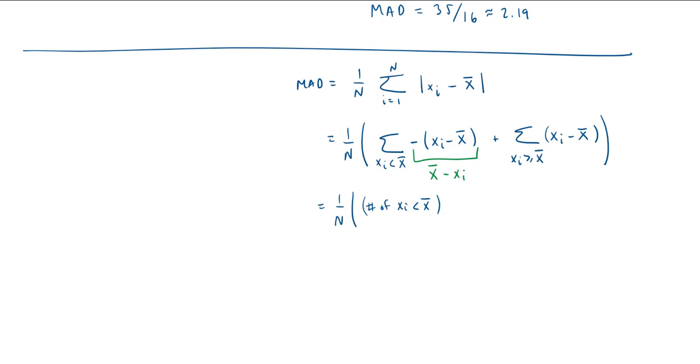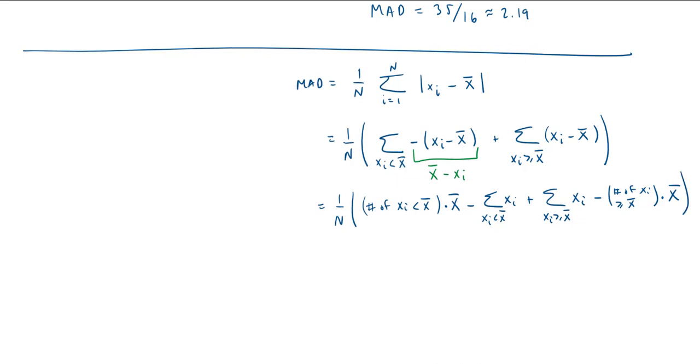So I take that number times x bar, and then minus the sum of all of the xi's when the xi is less than x bar. So this is what happens to the first summation. Now the second summation, I'm summing over all xi's that are at least as big as x bar, and I'm going to subtract the number of xi greater than or equal to x bar times x bar.